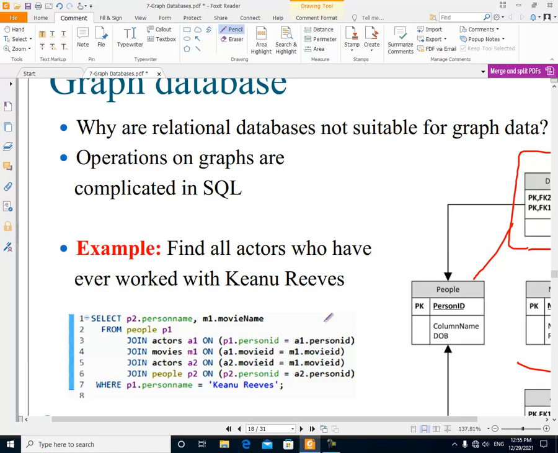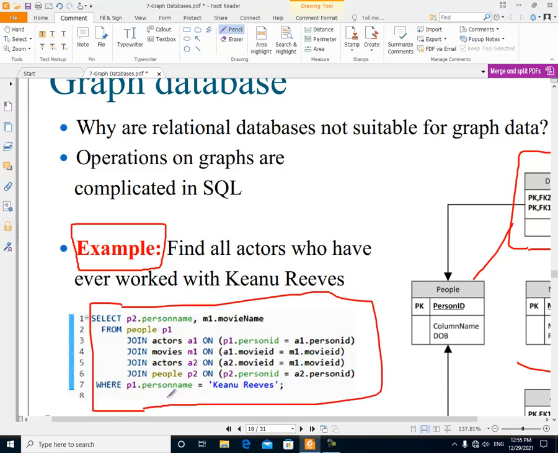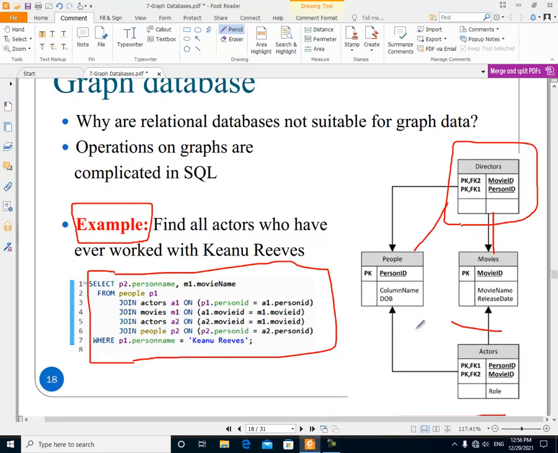So this is an example of an operation that could be done in the graph database easily, but in the relational database, the operation is done like this, and this is a very long SQL command which takes much time to execute. So the relational database could not be used for graph databases.